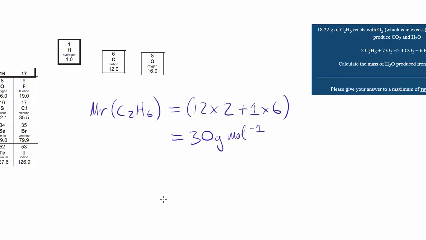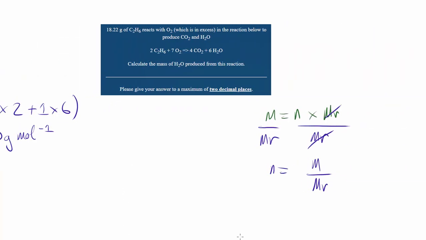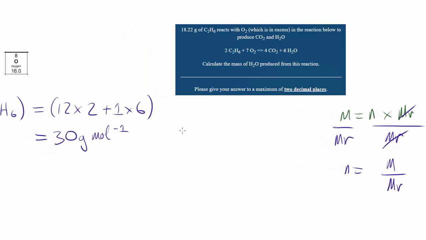Now at this stage, we're going to use that in the other equation to work out the amount of substance. So moles of C₂H₆ is equal to 18.22 divided by 30.